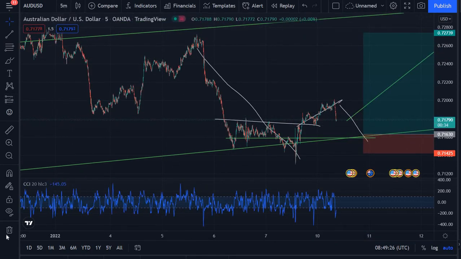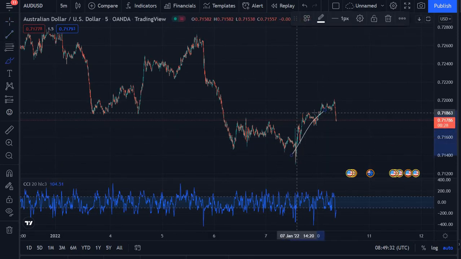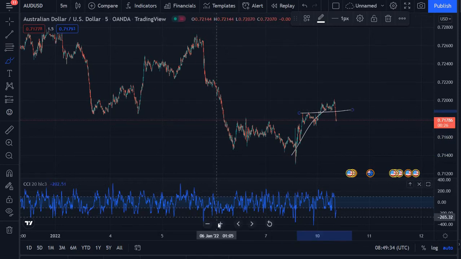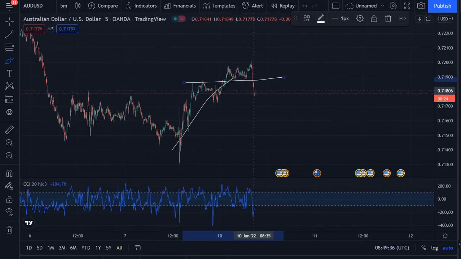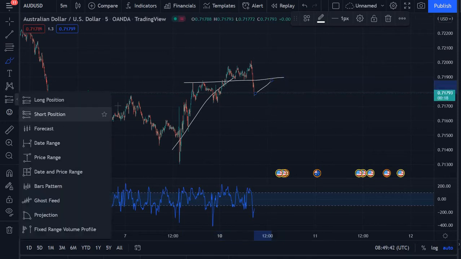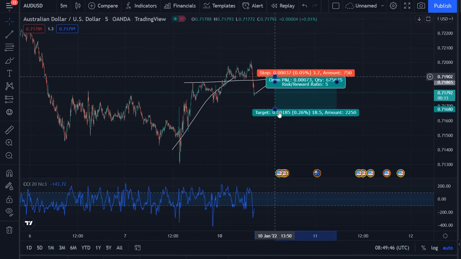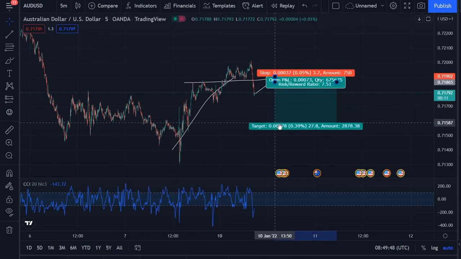But on the 5-minute chart, if we take a look at what is happening here, breaking this line now, which means if we see a retest to this area again, I would look for shorts. The trade would look something like this to around here.